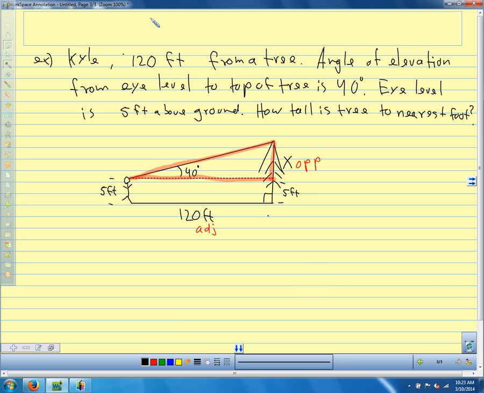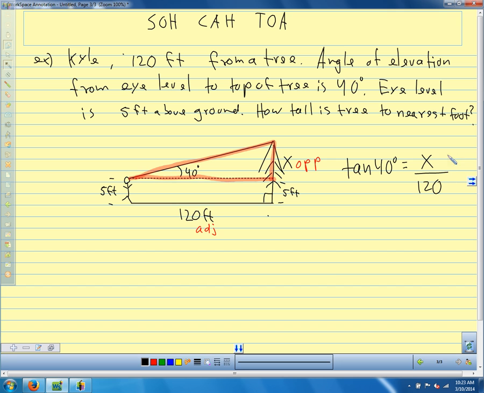If it helps us out, we can write it up here. Tangent. Tangent tells us about the opposite and adjacent. So I'm going to write my equation. Tangent of 40 degrees equals the opposite, x, over the adjacent, 120.